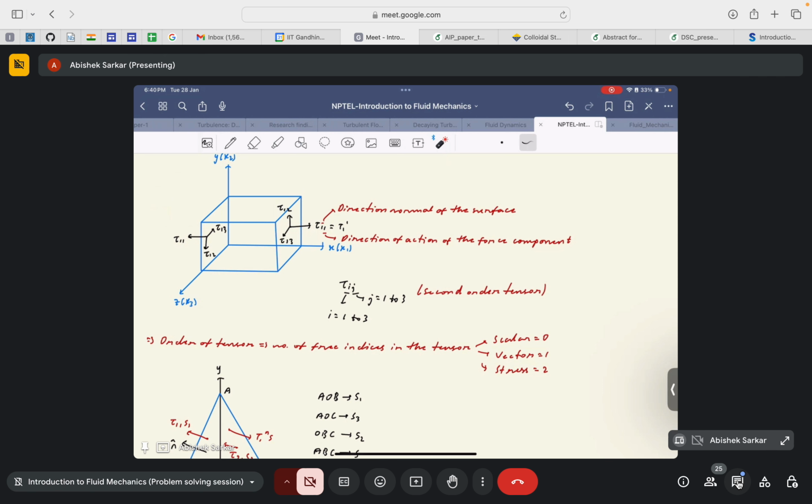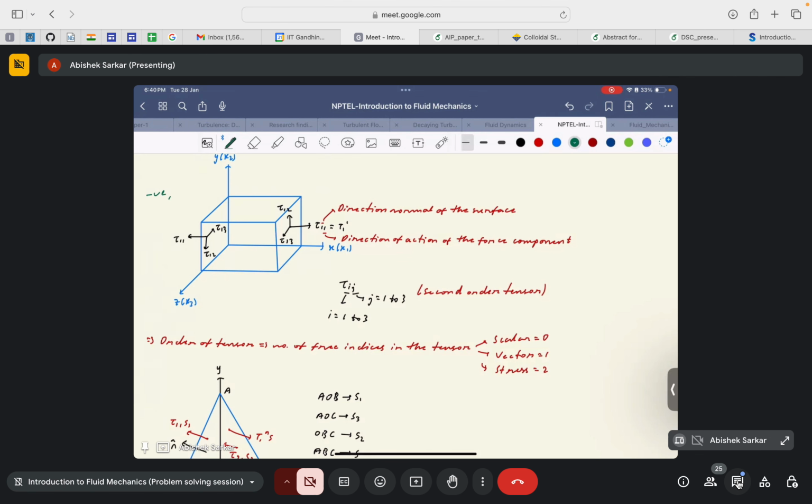Now, to take into consideration the second index that denotes the direction of force, if we had taken it in this direction, then it would be something like minus tau 1 1. But if you take the force in the opposite direction, then we already had one negative influence on the direction of this tensor because of the choice of the normal vector to that particular surface.